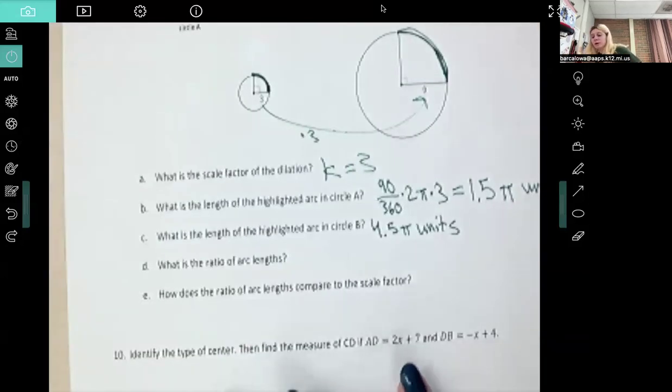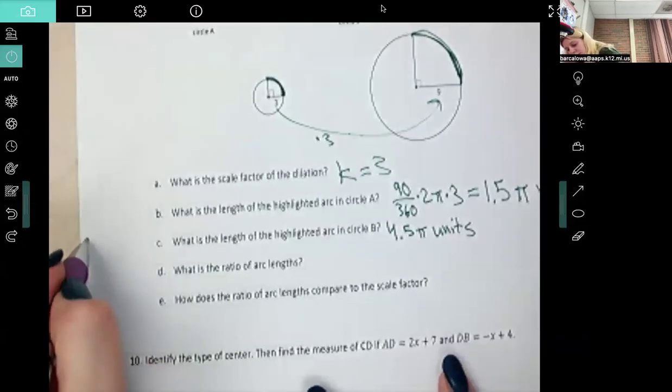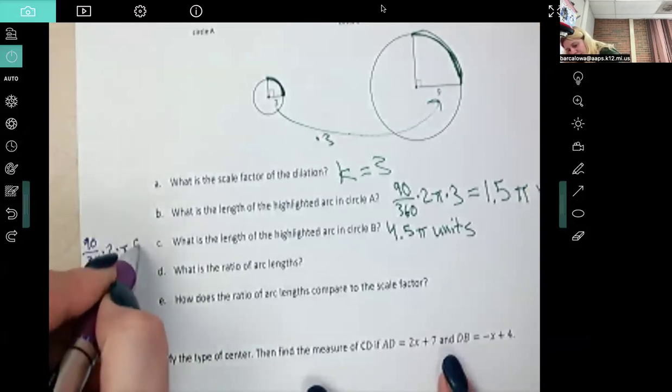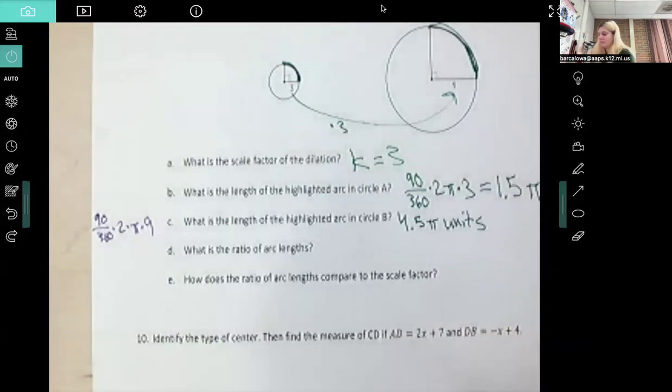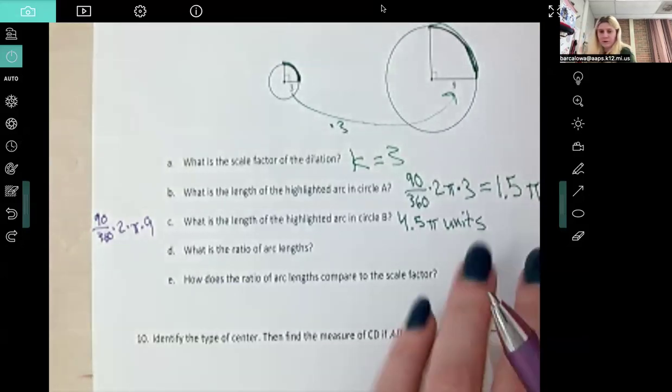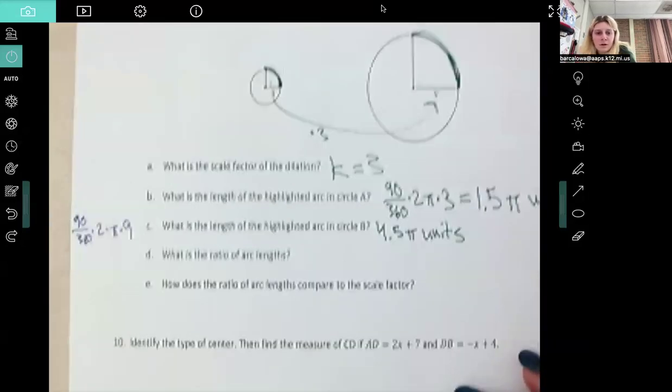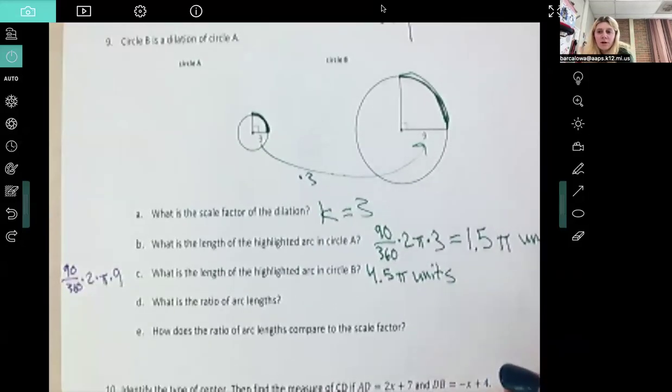And if you were to type in 90 out of 360 times 2 pi 9, you would get that. Yeah, if you don't believe me. There it is.